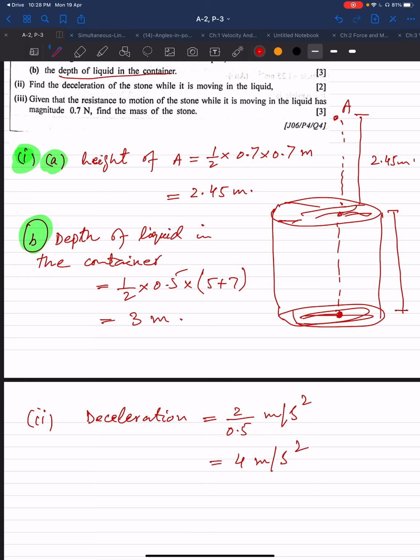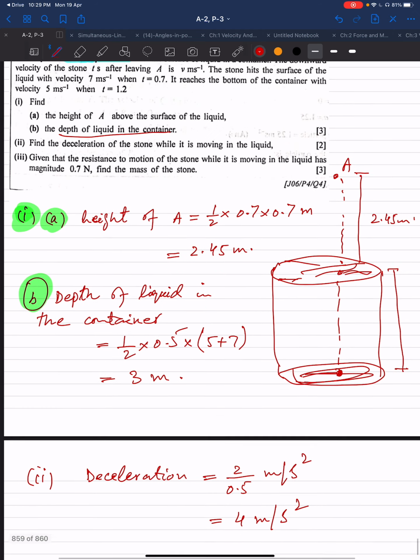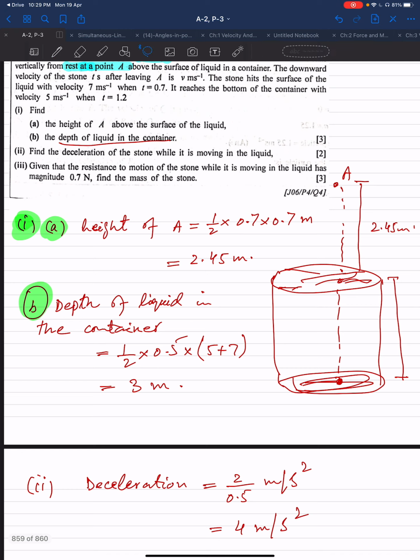Okay. The next is, given that the resistance to motion, let me copy it down from here.